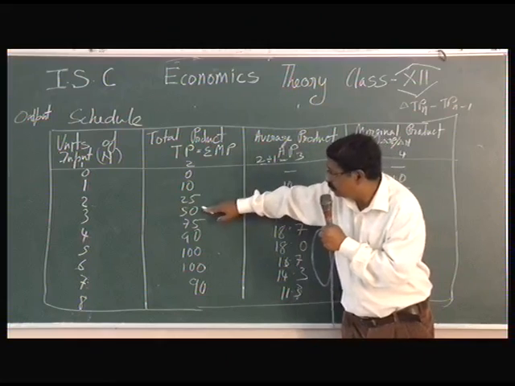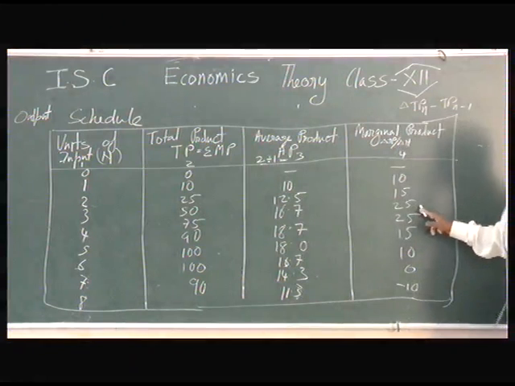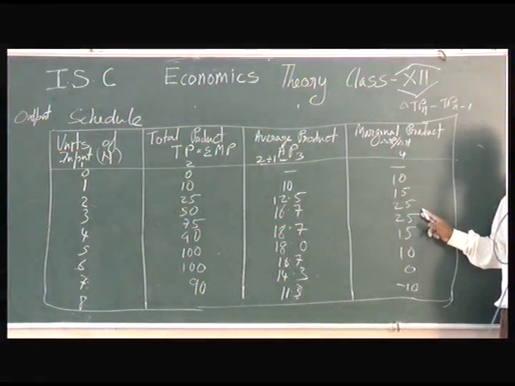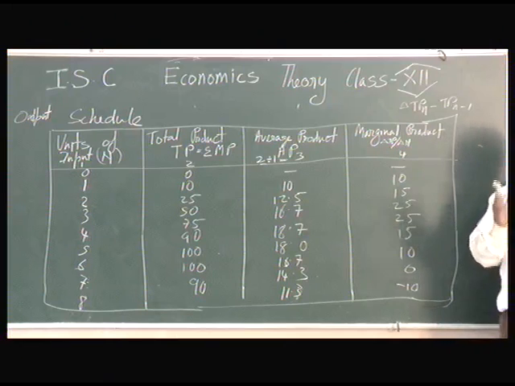So that will be 50 minus 25, that is 25. The third labor's contribution is 25. That is called marginal product. In economics, average doesn't make much sense. All economic decisions are taken on the marginal revenue, marginal product, marginal output, everything marginal.